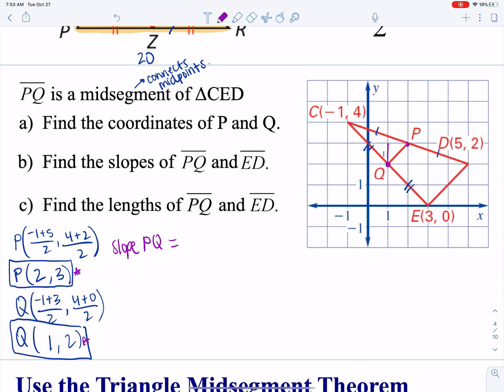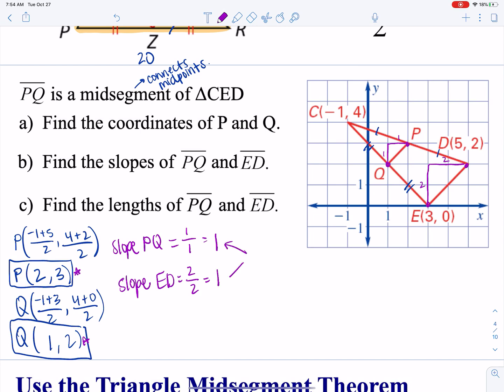So we're rising 1, running 1, 1 over 1 is 1. And the slope of ED, same thing, we could do the slope formula with those points, or we could count rise and run on our picture. 2 divided by 2 is also 1.